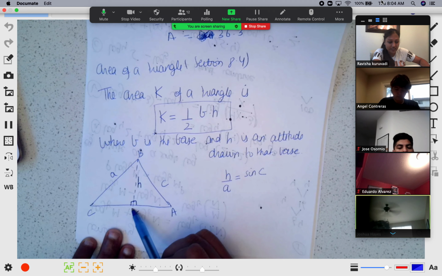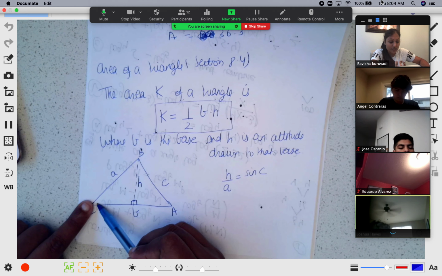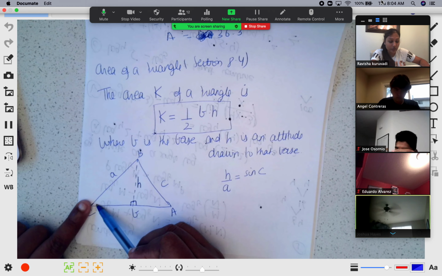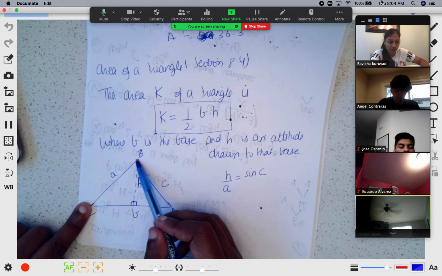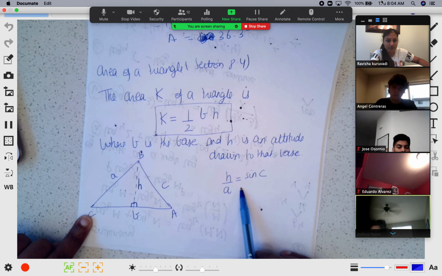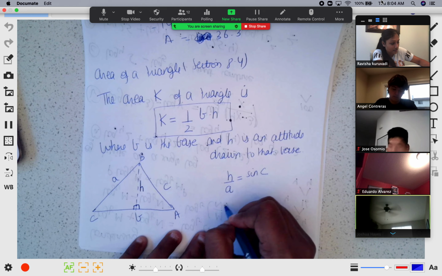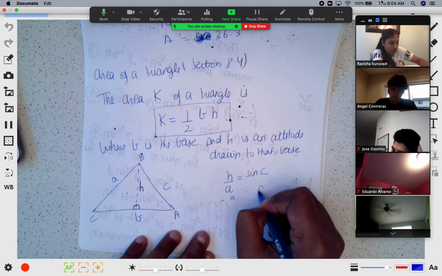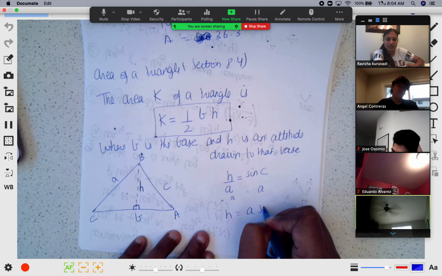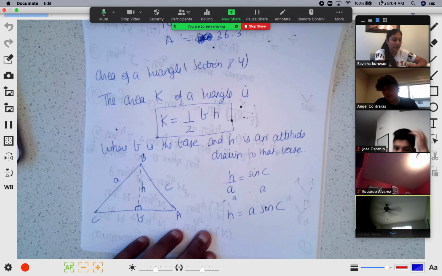I'm finding sine of this angle. Since it's a 90-degree angle, it will be opposite over hypotenuse. That's what I wrote here. So what does your h become? I multiply a both sides. I get h is equal to a sine c.